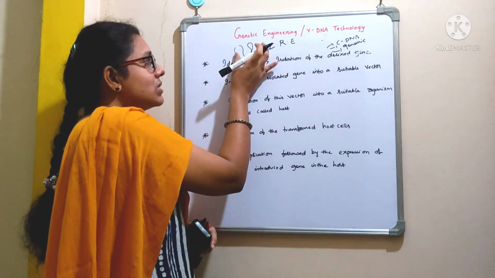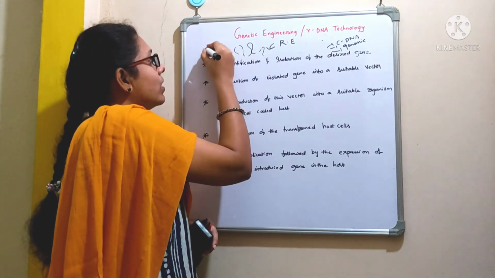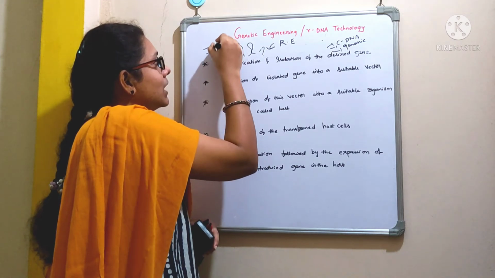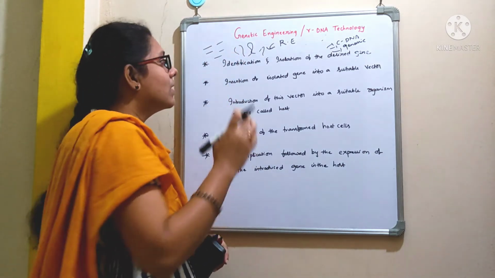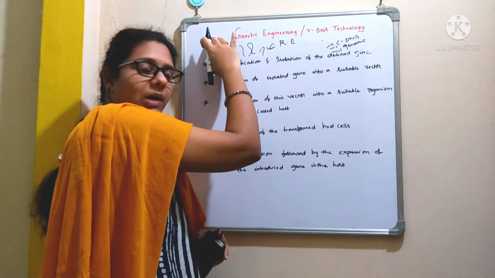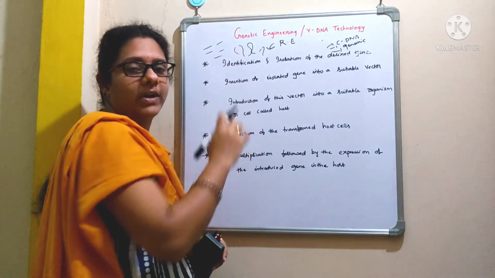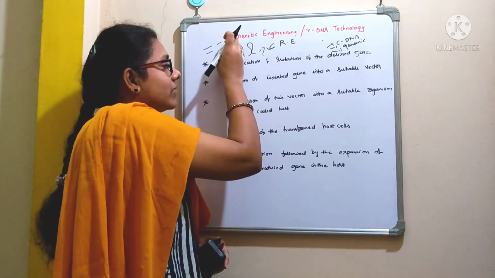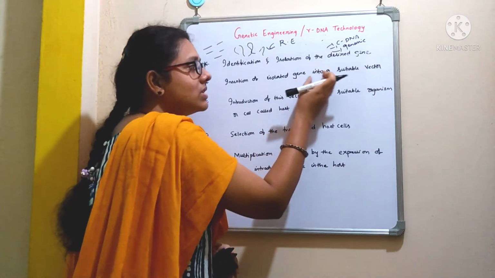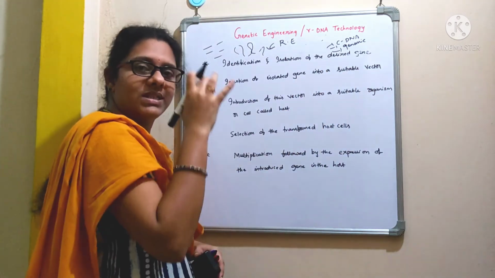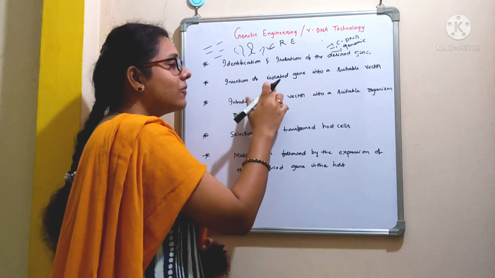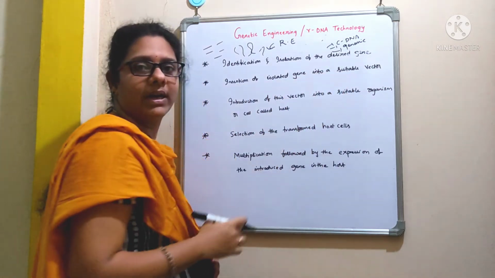Now after digestion with the restriction enzymes, you are going to get multiple fragments of DNA, and from these multiple fragments you are going to pick the gene of interest, and this gene of interest is then introduced into a suitable vector. So the second step is insertion of the isolated gene into a suitable vector.